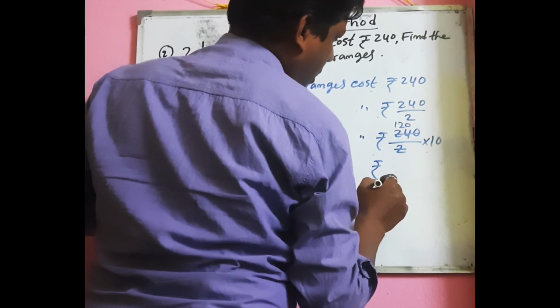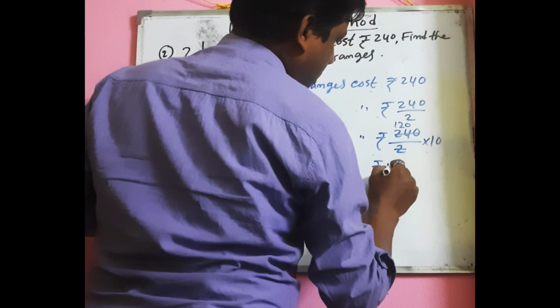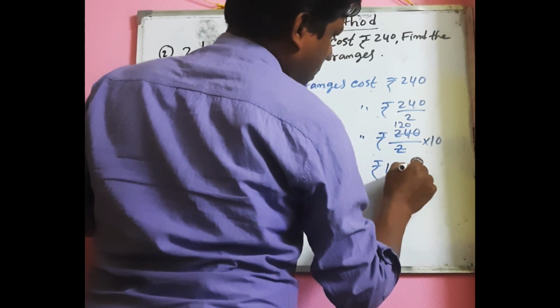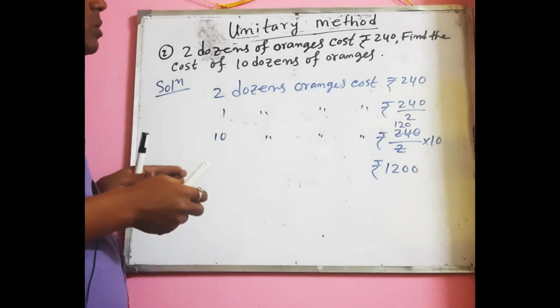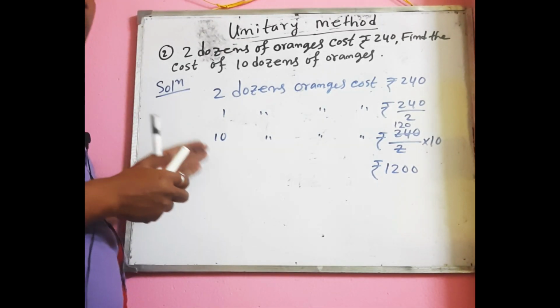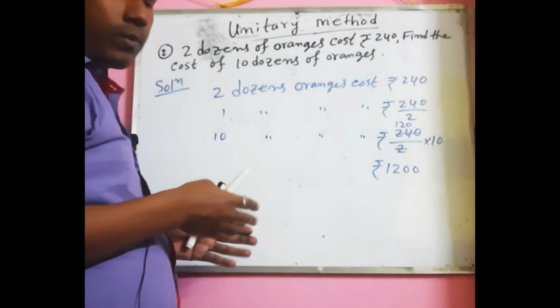After simplifying, we get this is the cost for 10 dozen oranges according to our given information.